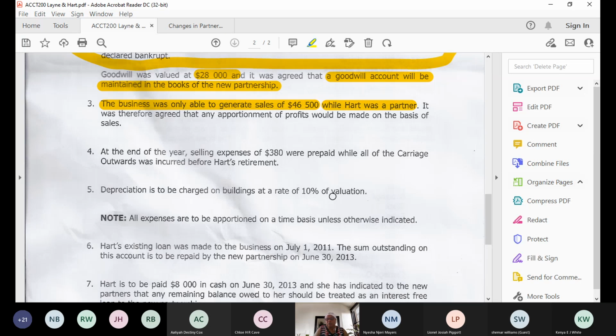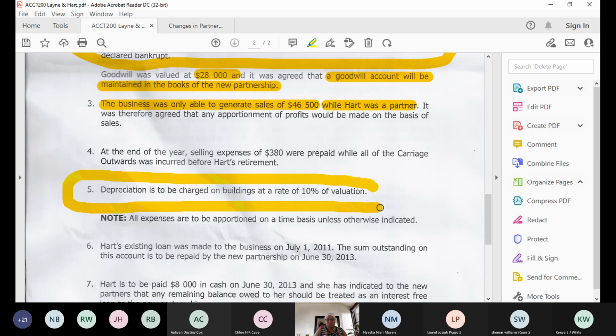Now, the other tutors, so some of you may have friends in the B group, right? If you have friends in the B group who are doing this question as well, the other tutor is not doing this part here. She's ignoring this depreciation. So she's not calculating depreciation at all.